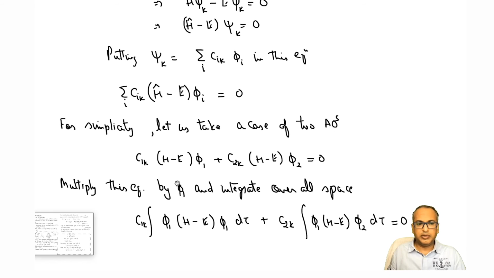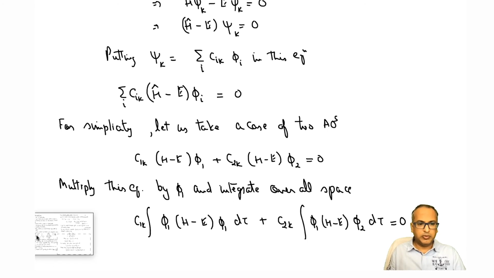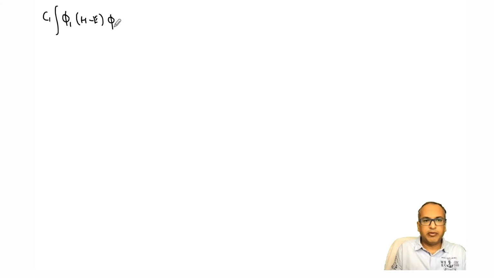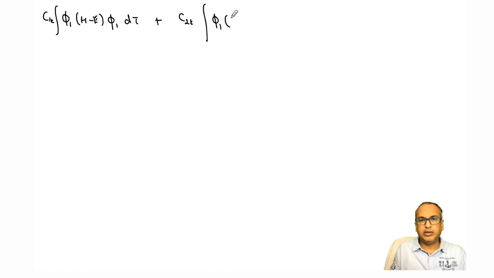All right. Let me go to the next page. Let me write that equation again so that we don't get confused: c1k integral phi 1 (h minus e) phi 1 d tau plus c2k integration phi 1 (h minus e) phi 2 d tau equal to 0.